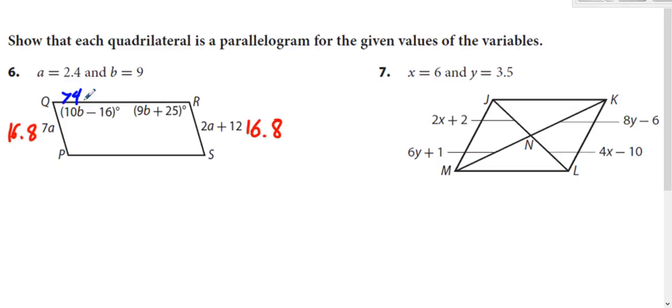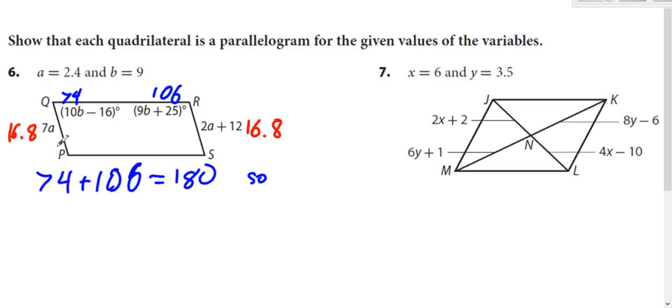And then 9 times 9 plus 25, that's 106. So we have these two angles, which are consecutive angles, and they are supplementary, because 106 plus 74 is 180. So if those angles are supplementary, 74 plus 106 equals 180.